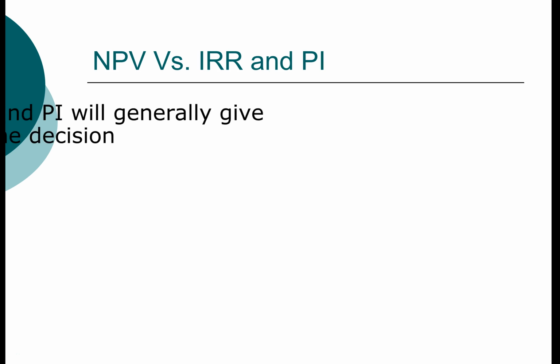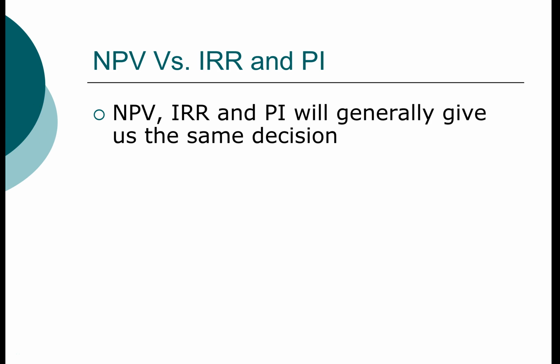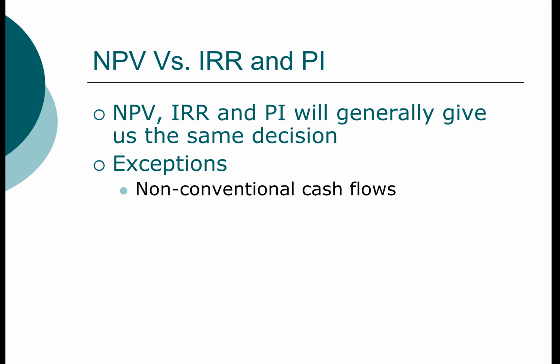So to summarize, the net present value method, the internal rate of return method, and the profitability method will generally give us the same decision. However, there are some exceptions. One is when we have non-conventional cash flows, and that means cash flows that change sign more than once. And we showed that through the net present value profile, we can diagnose whether or not that can give us a problem.